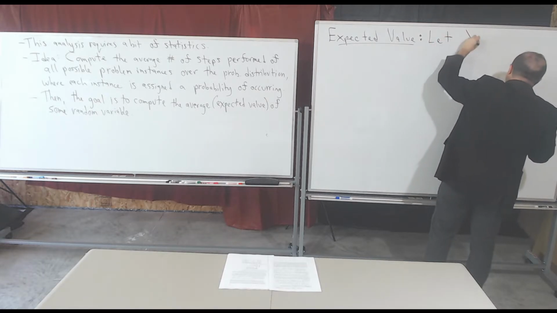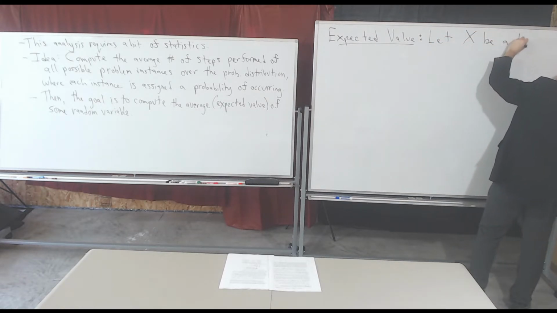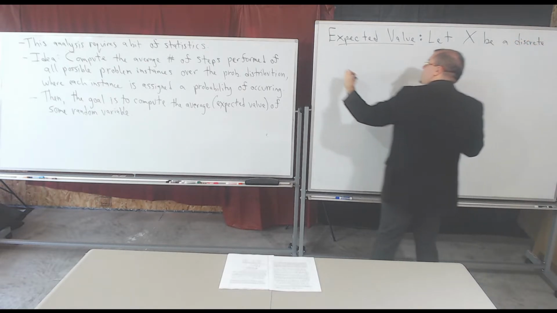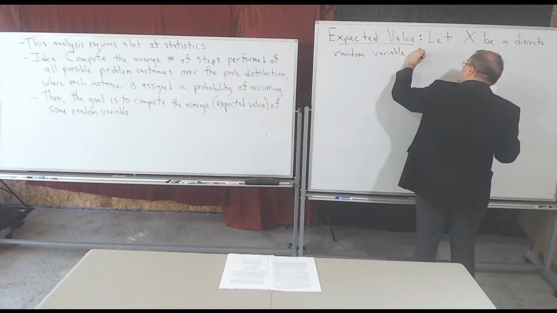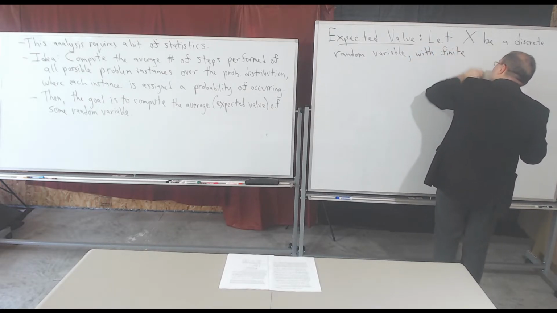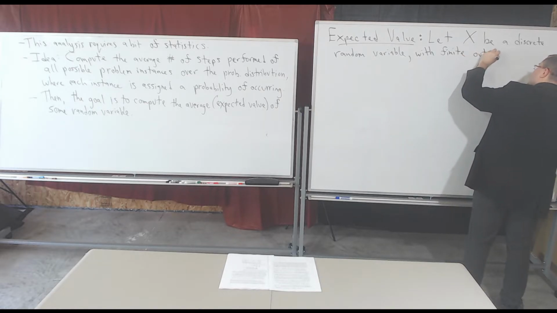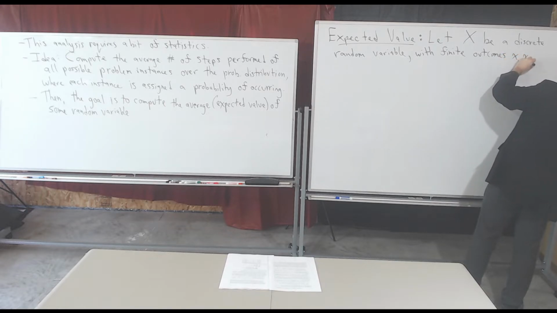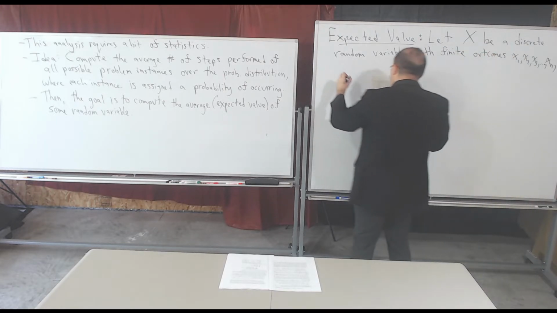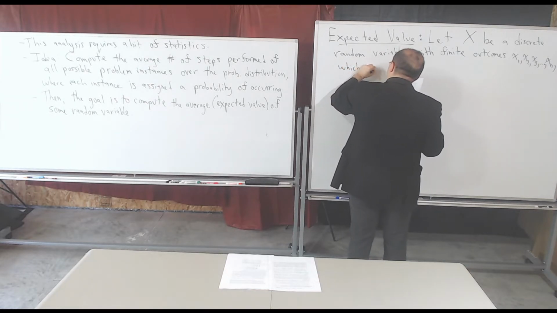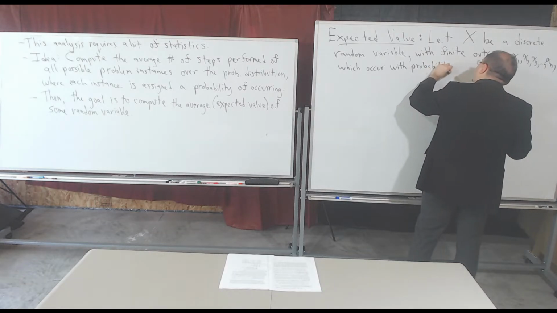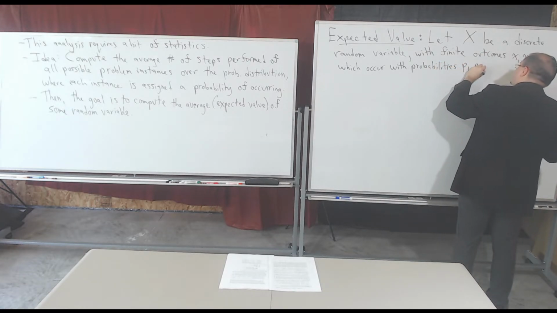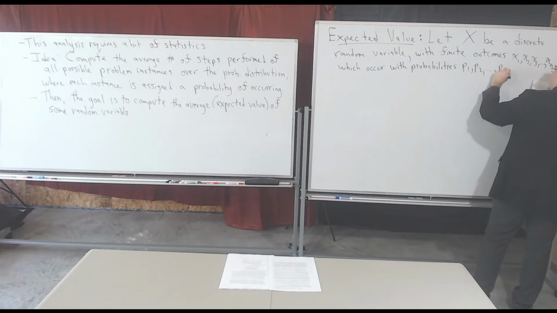So I'm going to let X be a discrete random variable with finite outcomes, x sub 1, x sub 2, x sub 3, and so on to x sub n, which occur with probabilities p sub 1, p sub 2, until p sub n.